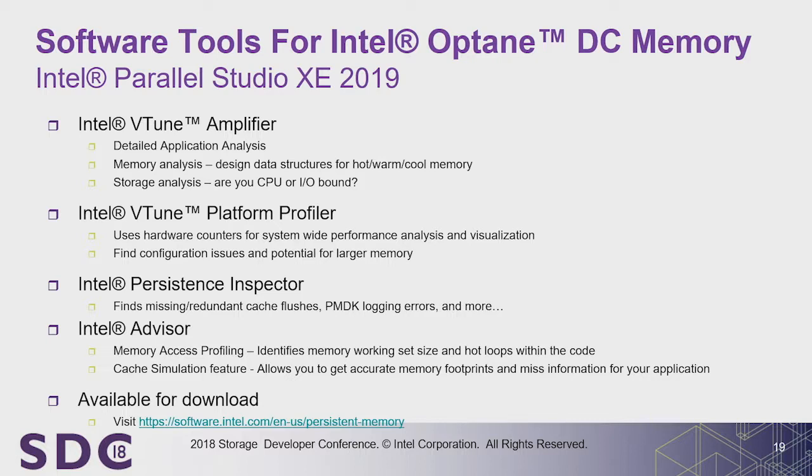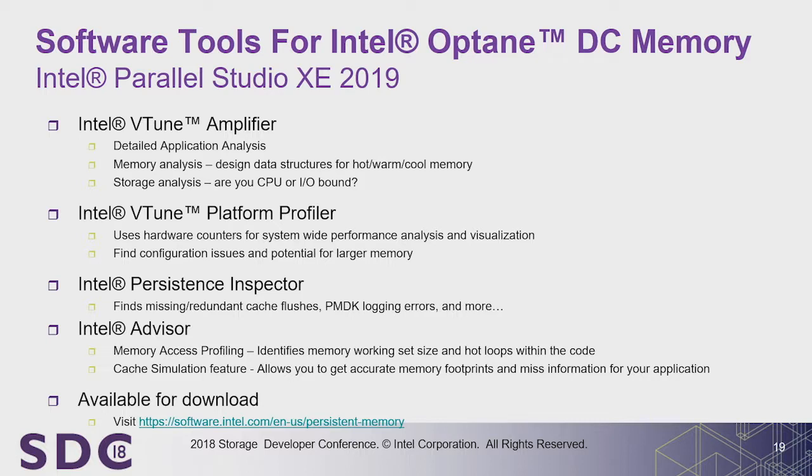And then the Advisor is an interesting tool. It was really designed for vectorization, but there's been some additions here where we can do memory access profiling. So you can really see now, almost down to an address level, where your hot areas are. And again, all of these tools together will give you a really good understanding of what your applications are doing and where you can make improvements.